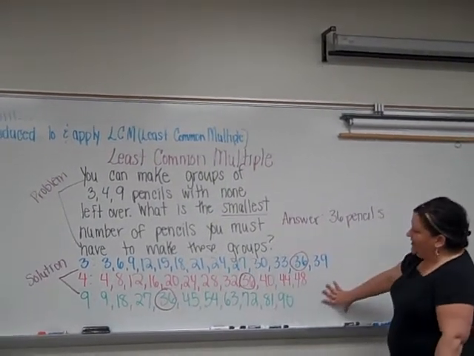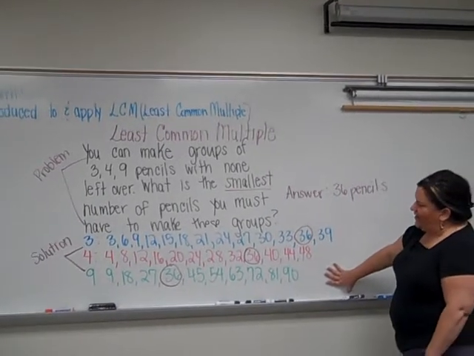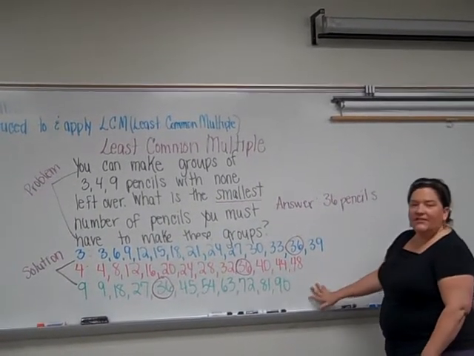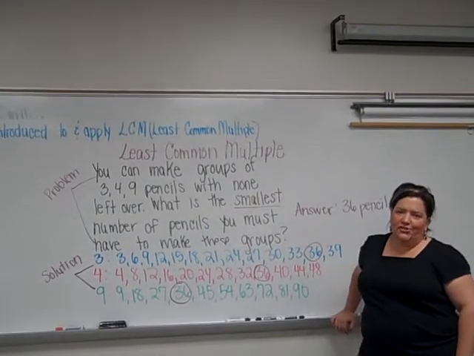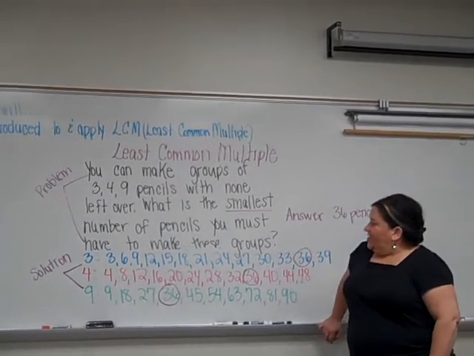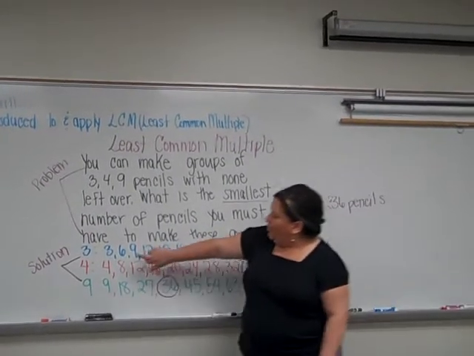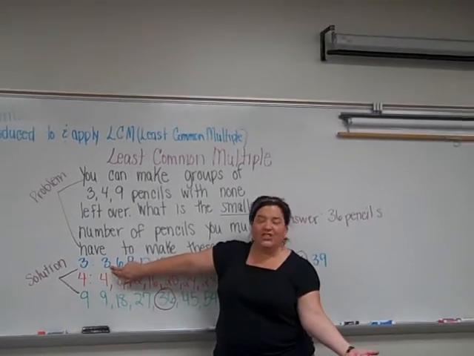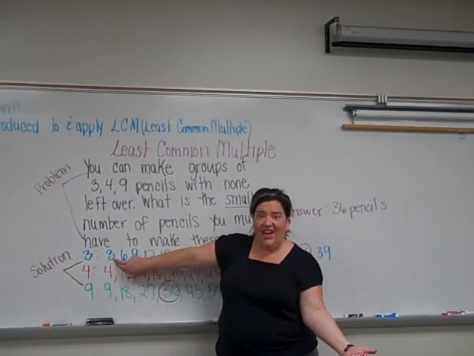So here I listed all of the multiples of 3, 4, and 9 because those are the numbers or integers we're working with in our word problem. So a multiple is simply what you're pretty much counting by when you're doing the multiplication facts.